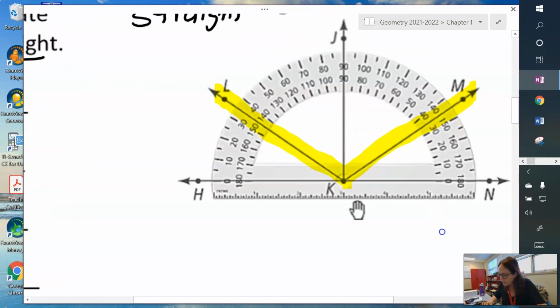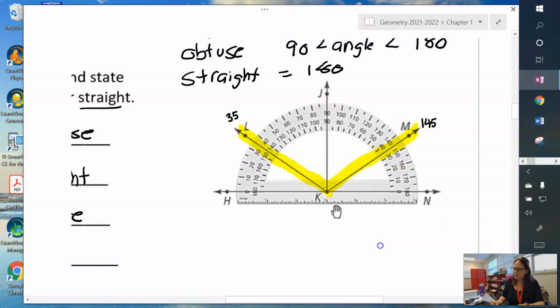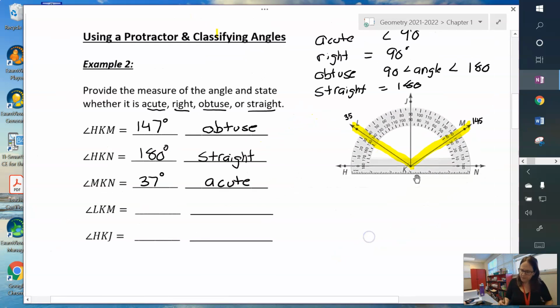M, let's call that 145. And then L, that looks like about 35. So now I'm going to do 145 minus 35. And when I do that, I get 110. And this is obtuse.